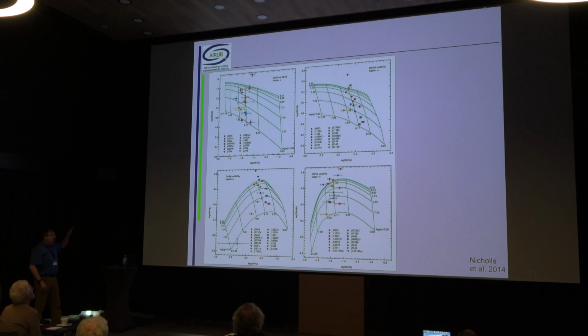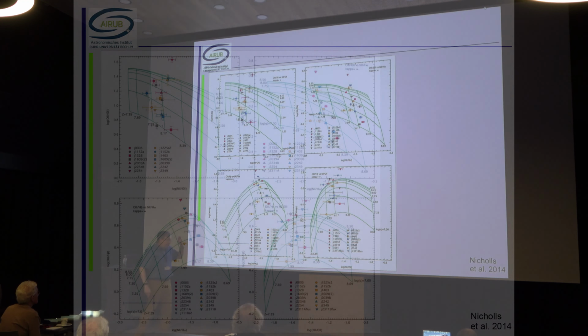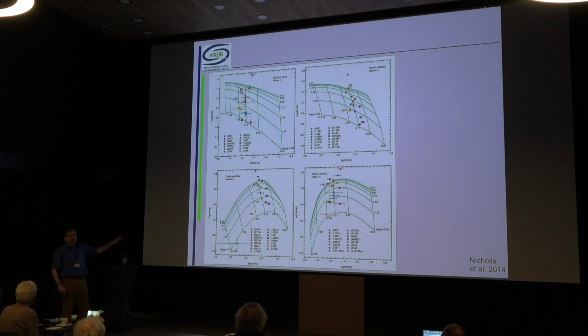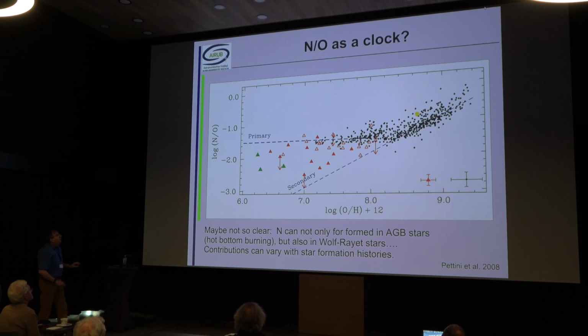So with relatively low signal to noise, you can get parameters of these H2 regions, of these starburst regions. Well, obviously, the better the signal to noise, the better it is, the more lines you can see, and we'll come back to them. But you can play interesting games already.